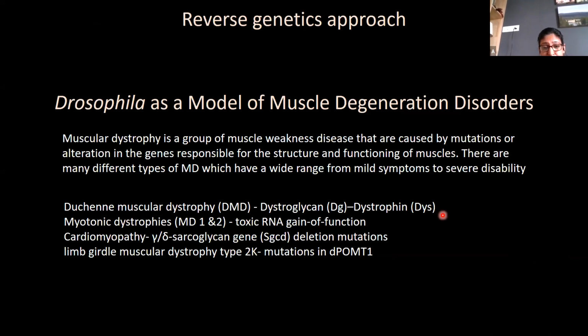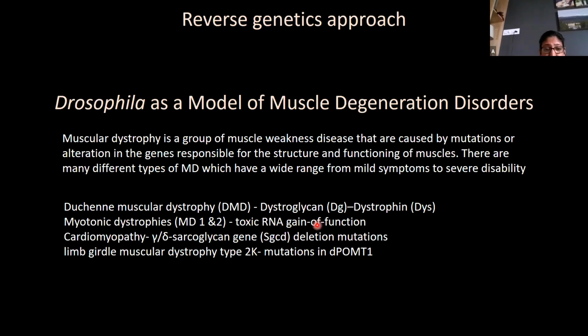These two proteins are very important for many different processes, like regulating cell polarity and maintaining actin connection, and also several other cellular phenotypes which I'm not going to discuss in detail. But what do we know? We know that mutation in these two genes leads to muscular dystrophy.